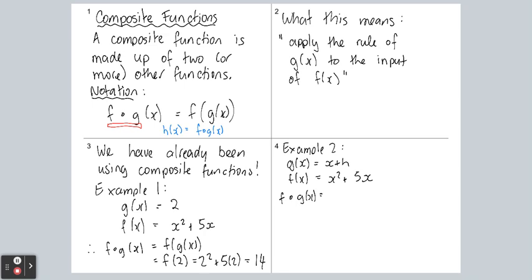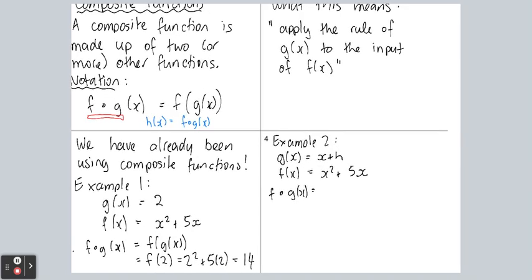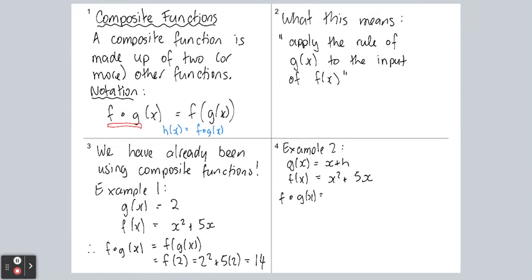Okay, example 2, g of x equals x plus h. Hooray. F of x equals x squared plus 5x. So I've kept f of x the same. I'll leave that zoomed out, but I'll just zoom in for myself. Okay, the new function, f composed with g of x, is worked out by considering f of g of x.